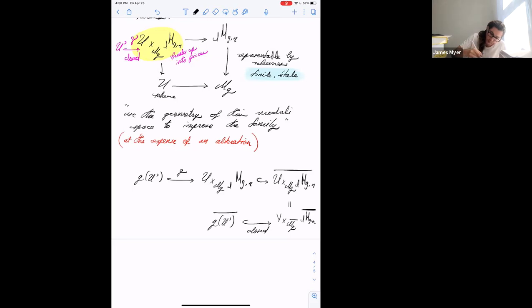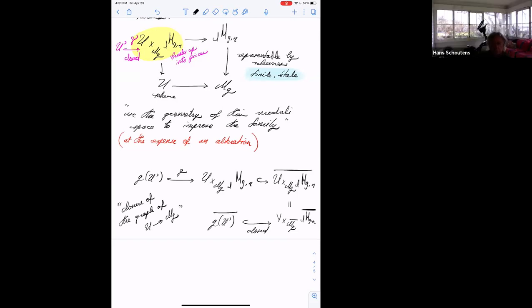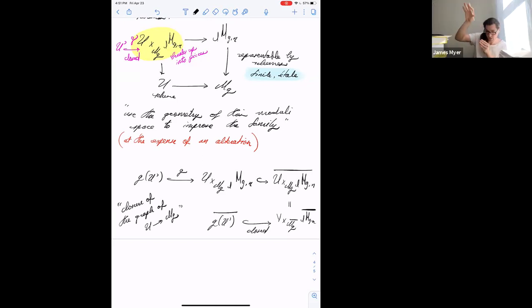This is where you're kind of taking the closure of the graph. I'll write this in quotes. Closure of the graph of, in this case, the map here, which I didn't give a name, U to MG. So in essence, you're taking this map from U into the moduli space, and you're taking its closure.